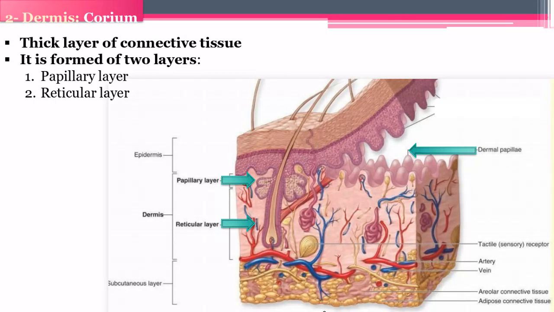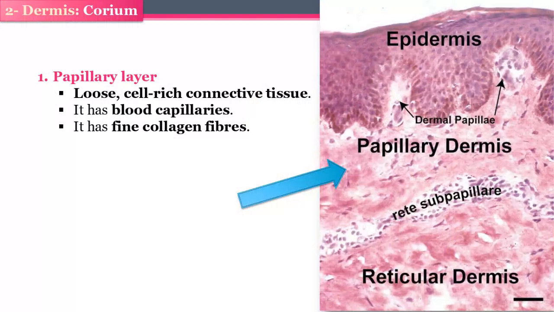Let us see the next slide, which will be more clear. See here, I have put the H&E stain section of the skin, where I am showing you the pointer, is the basement membrane. Above the basement membrane is the epidermis, and now see the 2 parts of the dermis. Where I am showing you the pointer is the papillary dermis.